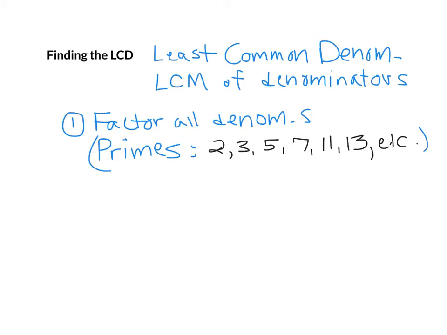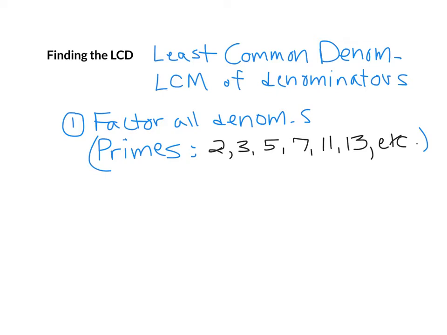When we talk about primes and prime factoring, all numbers can be broken down into a product of prime numbers, any number. Okay. So we typically use the first few primes. We don't get into many high prime numbers when we're factoring numbers for our denominators in this section.